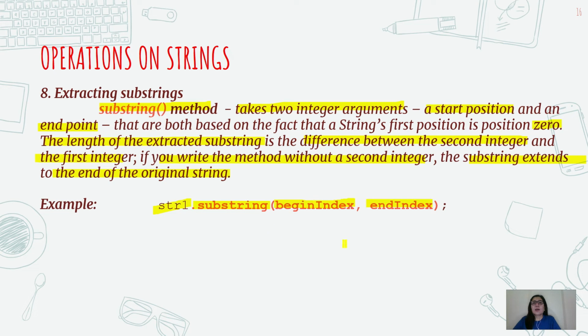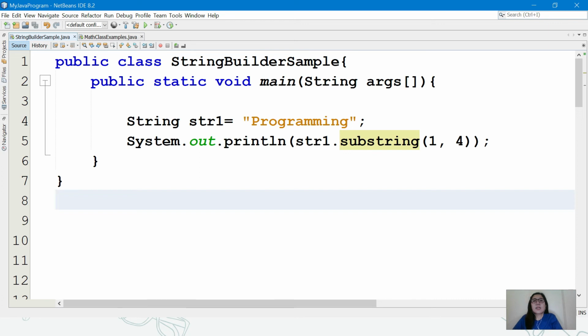So, para mas clear yung discussion dito, I have here a coding example. So, we have here an example implementing the substring method. So, ang ating string value dito is the word programming and stores in variable str1.